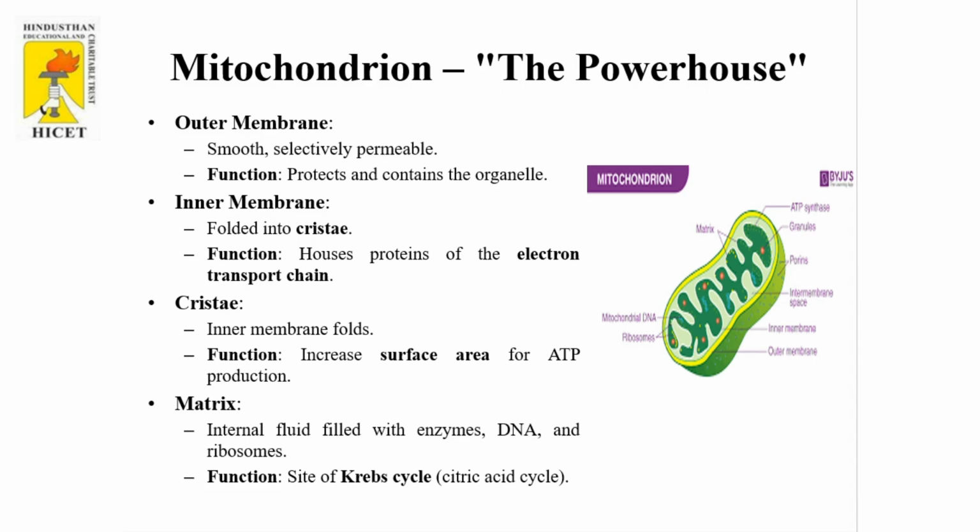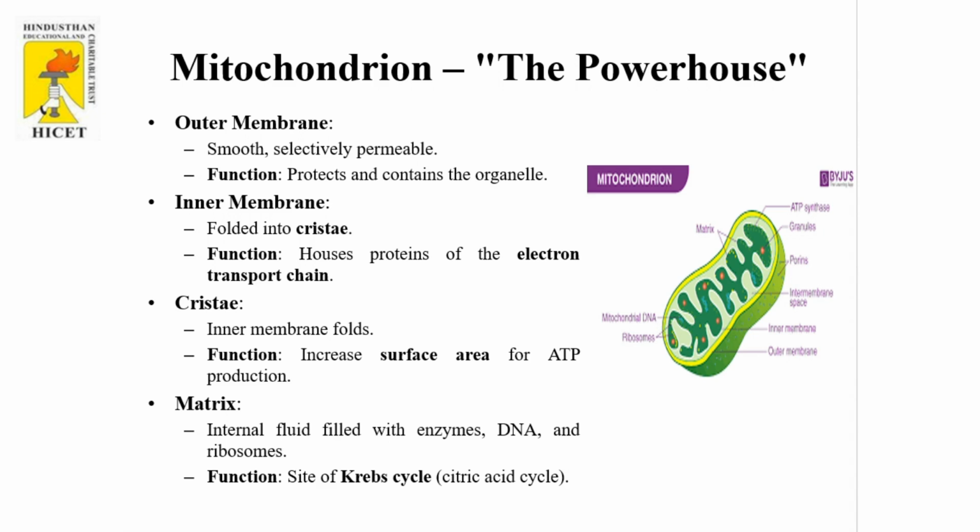The inner membrane is folded into cristae, which houses the proteins of the electron transport chain, and the cristae, or inner membrane folds, are helpful in increasing the surface area for ATP synthesis. The major function of the mitochondria is the production of ATP, which provides energy. The matrix is an internal fluid filled with enzymes, DNA and ribosomes, and it is the site of the Krebs cycle, which is known as the citric acid cycle.